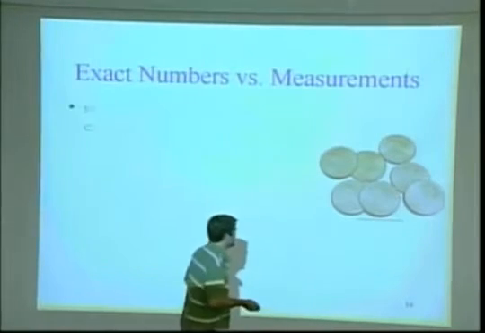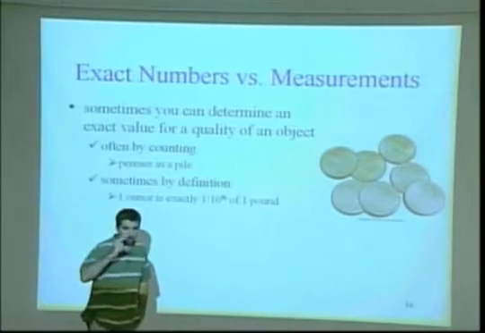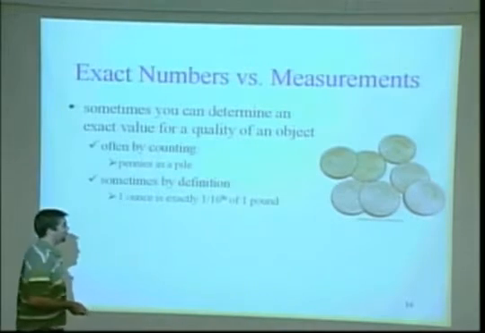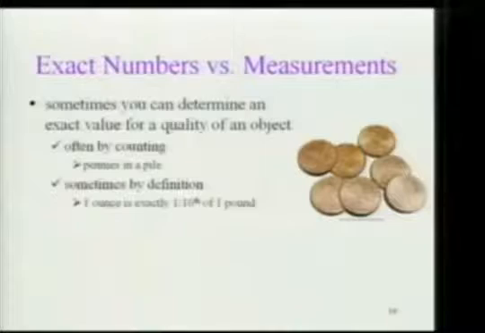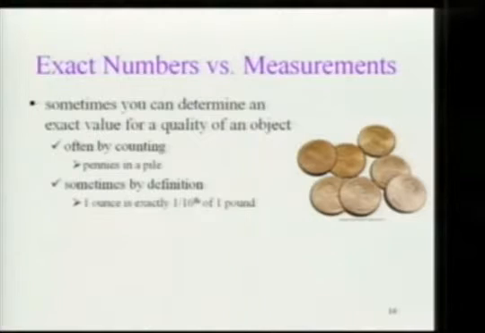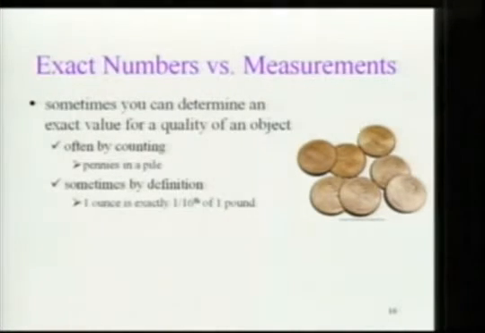However, if we employ instrumentation and use some sort of tool to measure something, that's when we have to worry about our certainty and about the claims that we are actually making. Also, if you see a definition of something, for example, 1 ounce is exactly 1/16 of a pound, that is an exact number. It's a definition, not a measurement.